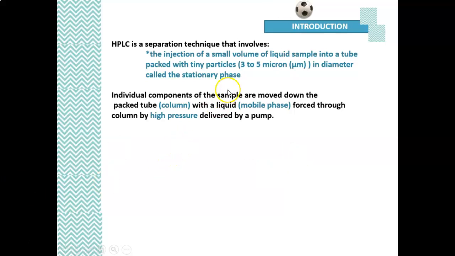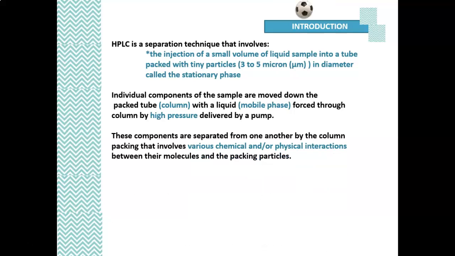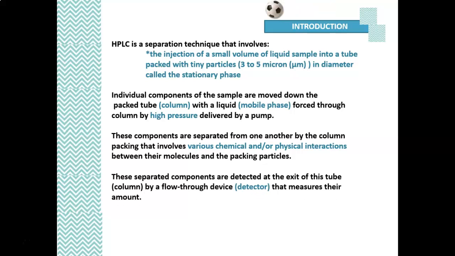Individual components of the sample are moved down the packed tube, the column, with a liquid mobile phase forced through the column by high pressure delivered by a pump. These components are separated from one another by the column packing, which involves various chemical and or physical interactions between their molecules and the packing particles.